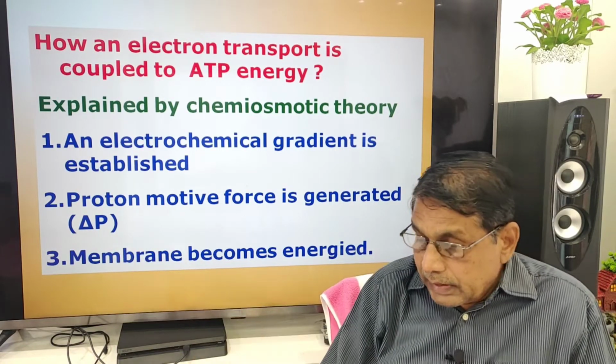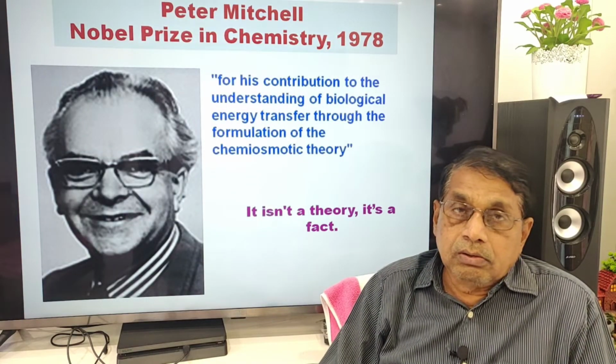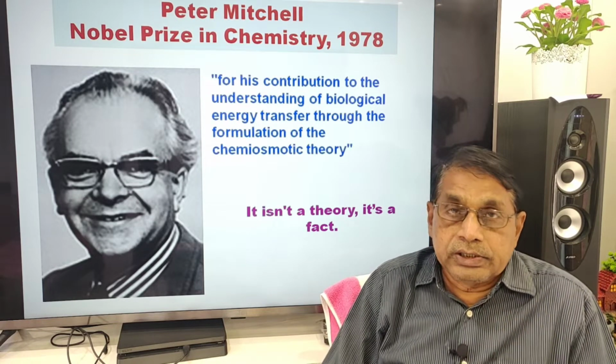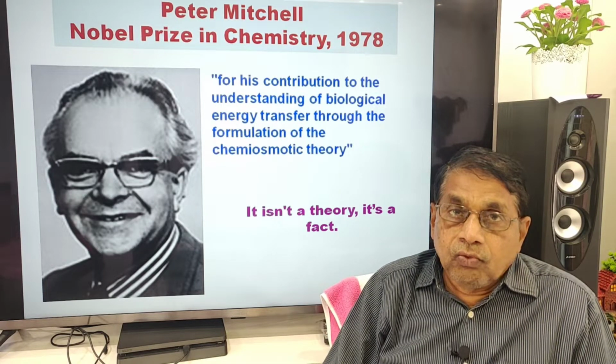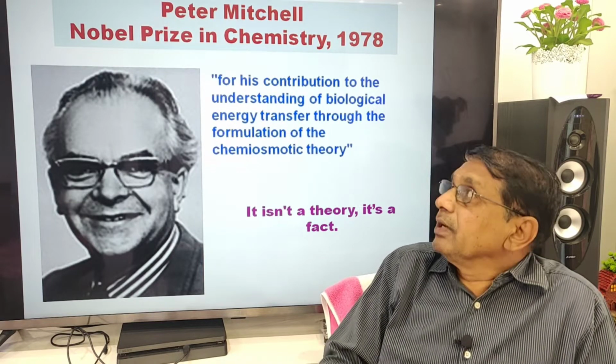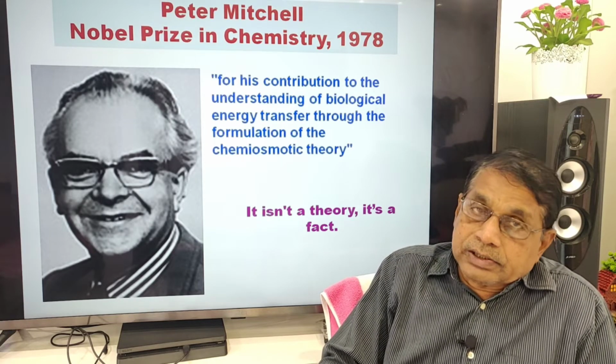The membrane becomes energized. This chemiosmotic theory to explain the synthesis of ATP was first proposed by Peter Mitchell, who was awarded the Nobel Prize in Chemistry in 1978.